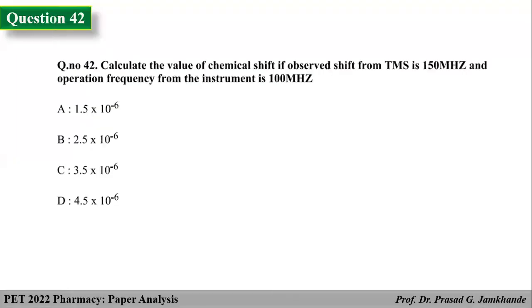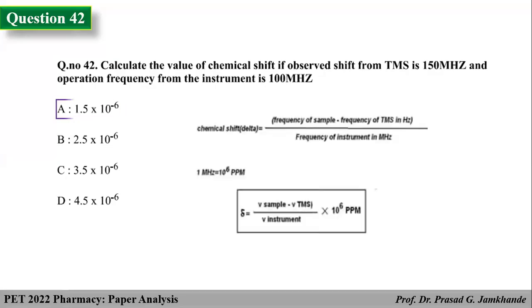Next, calculate the value of the chemical shift if the observed shift from TMS is 150 Hz and the operating frequency of the instrument is 100 MHz. This is a very straightforward question. If you want to calculate the chemical shift, we have to do 150 divided by 100.